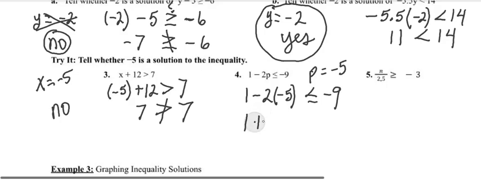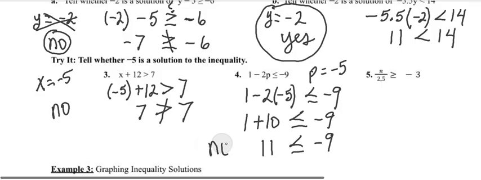Positive 10, because a negative times a negative. Now, what is 1 plus 10? 11, correct. So is 11 less than or equal to -9? No. So that's going to be a no right there.